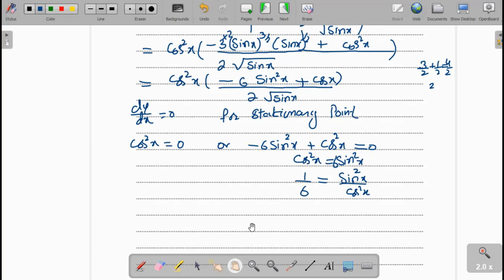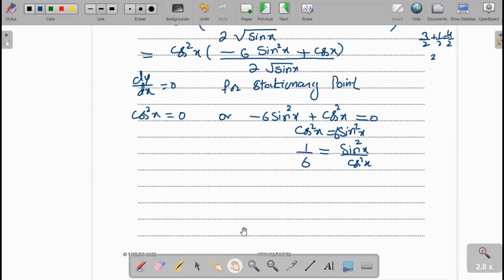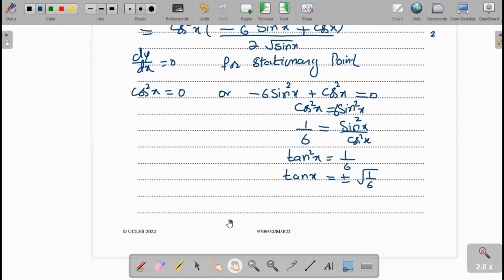Now sin over cos is tan, so tan squared x equal to 1 over 6. Therefore tan x will be equal to plus or minus square root of 1 over 6. Here to find the value of x, we take the acute angle.